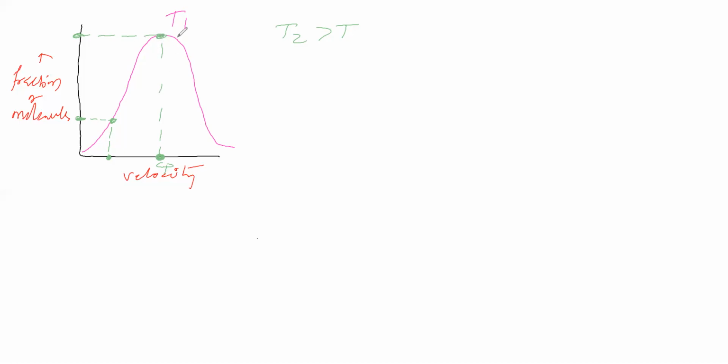Now this is the higher velocity side. At the higher velocity side, this much fraction of molecules is there. It is the fraction of molecules having higher velocity. When the temperature increases, which side will this fraction of molecules move to?